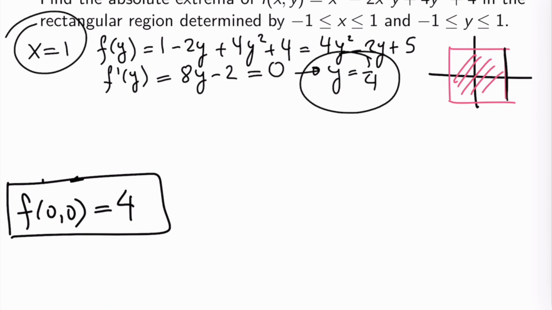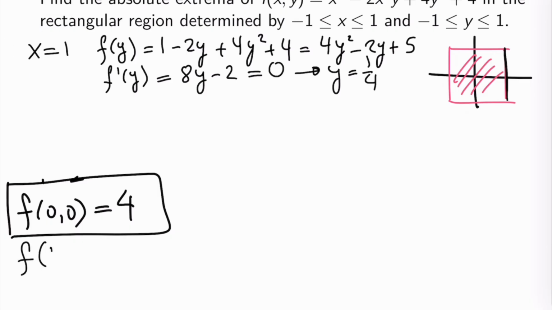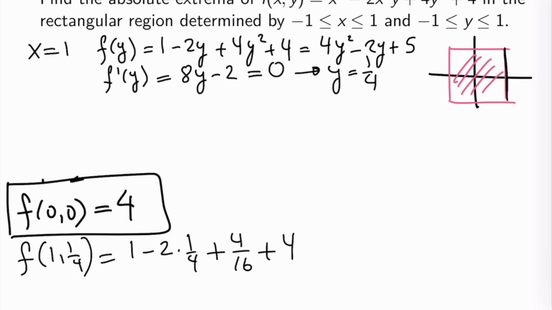1/4. So let's add that to our list. So evaluate f at 1/4. We plug in x equals 1, y equals 1/4, and so we get that this is equal to 1 minus 2 times 1/4 plus 4 over 16 plus 4, equals 5 combining like terms, minus 1/4, which is 20 minus 1/4, so 19/4.